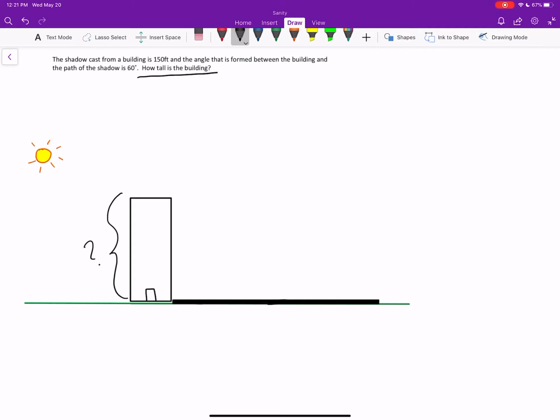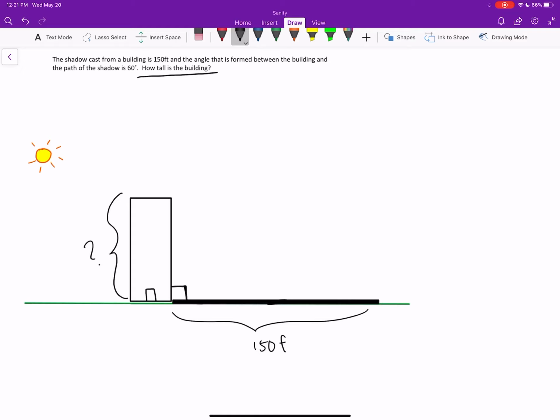So what's the information we know? The shadow cast from the building is 150 feet, so this entire length is 150 feet. And I'm going to probably assume that the structure is at a right angle. They built this thing perpendicular to the ground, so I'm seeing a right angle being formed.